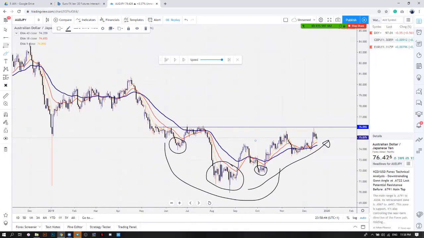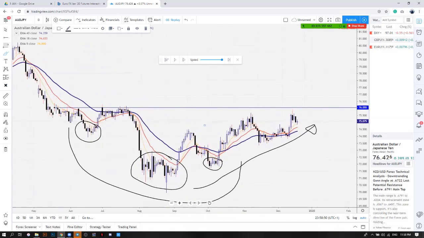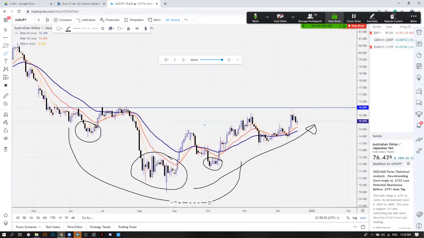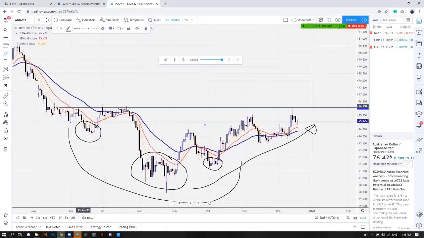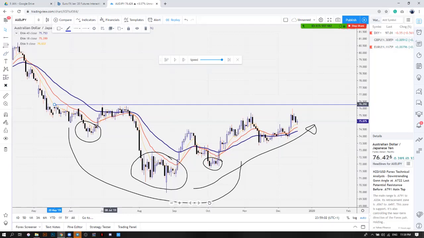From long-term swing low to a long-term swing high. Now where is the last major high? This blue line is the last major high. So we're looking for the market to trade into that line.